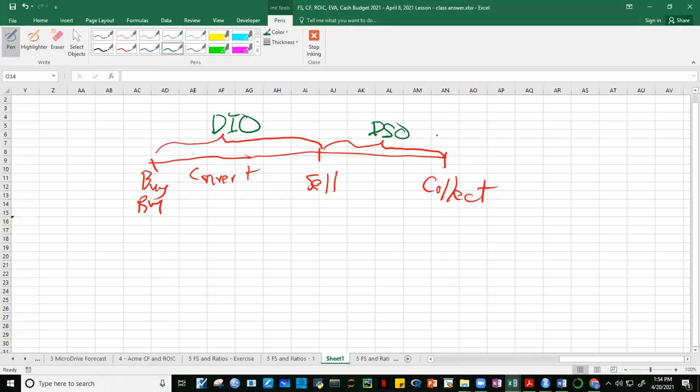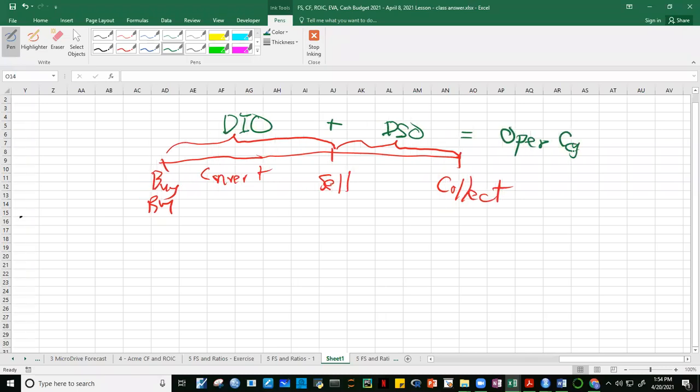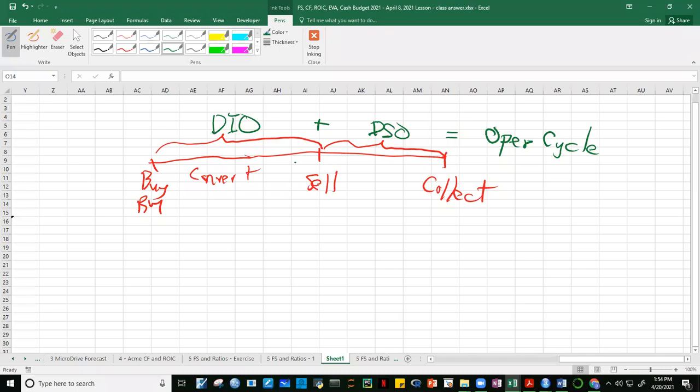Okay? Pag inadd natin guys tong dalawang to, DIO plus DSO, this is what we call your operating cycle. Okay? From the time you buy materials and then you collect your sales, that's your operating cycle.